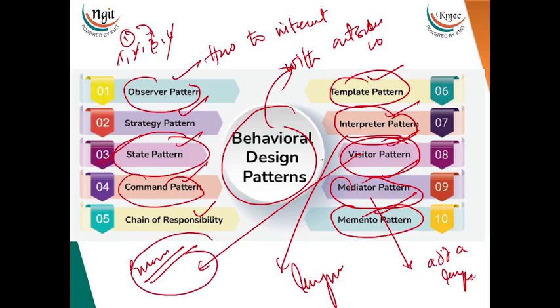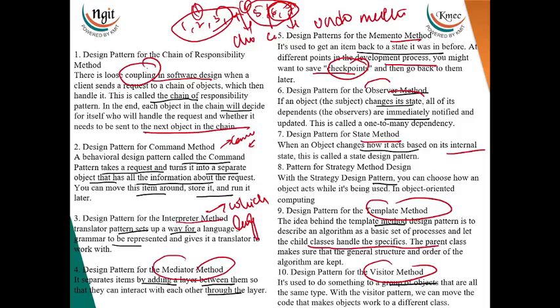Or if you are going for a class, all the operations in that class are related to this part. Or some other visitors come to your college and you want to do something else, there is a visitor pattern. So all these are available for that. If you go to the website, you just have to go for visitors. If you are a visitor login, you will get all the options available for visitors.